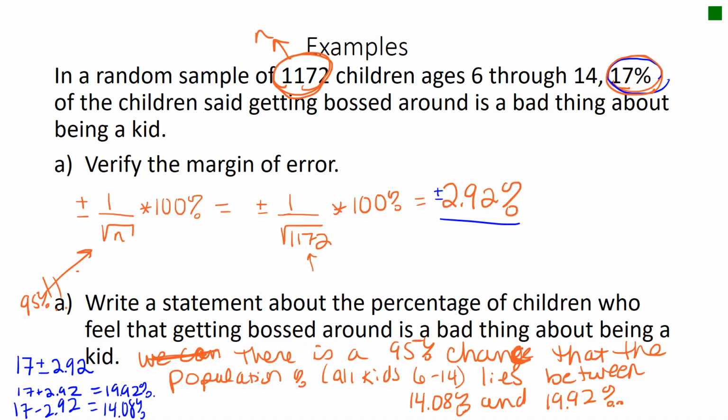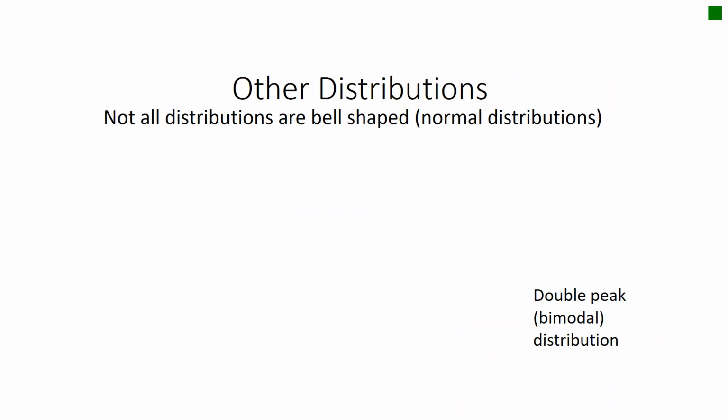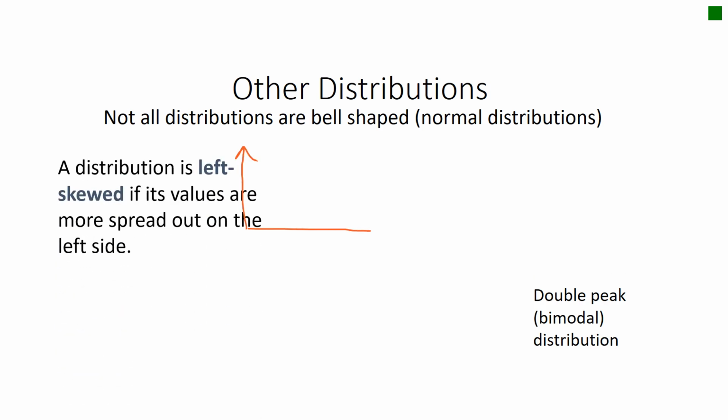There is actually one more slide about other distribution shapes, but I'm not sure why they're not showing up on here. Not all distributions are bell-shaped, or normal distributions. If you look in your notes, you will see a picture of a distribution that's not bell-shaped, called left skewed, if it thins out to the left.